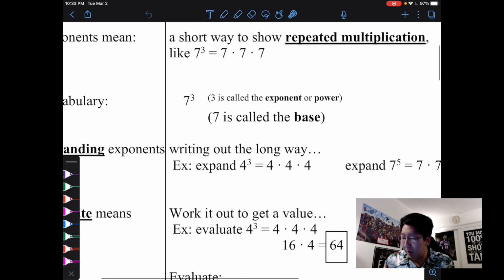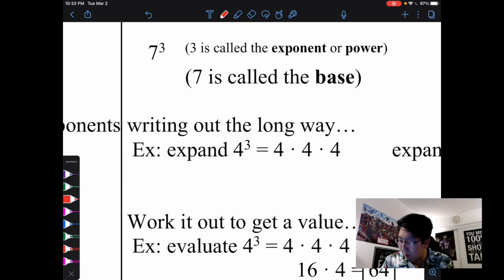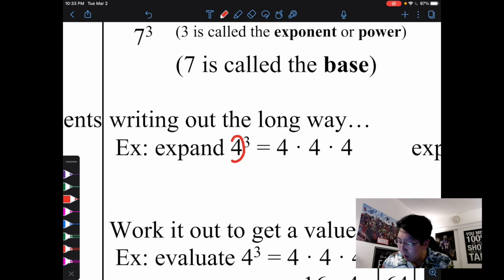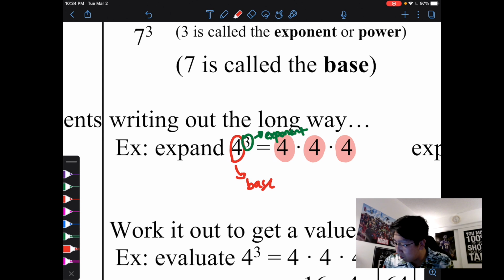If I say expand your exponent, and we see 4 to the third power, we're going to multiply the base by itself 3 times.